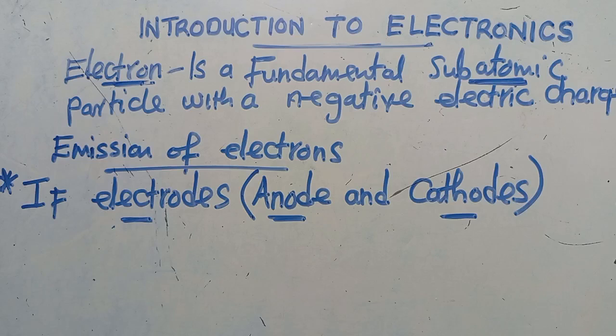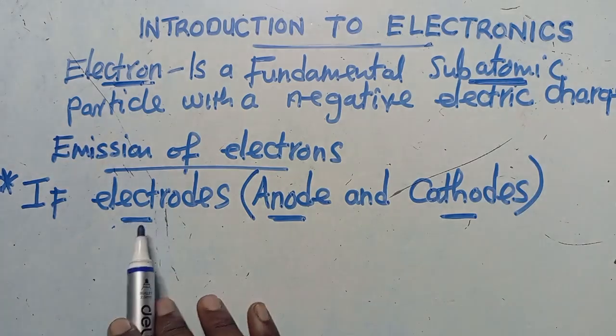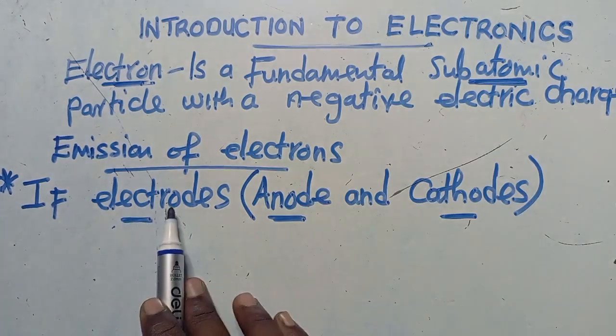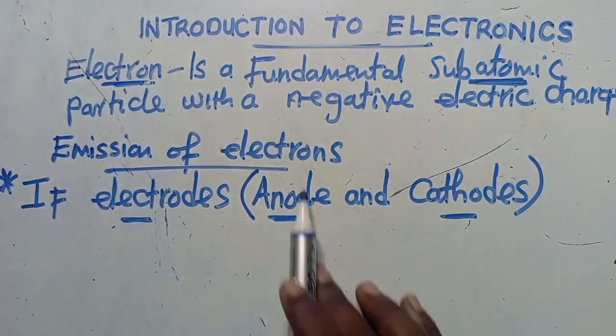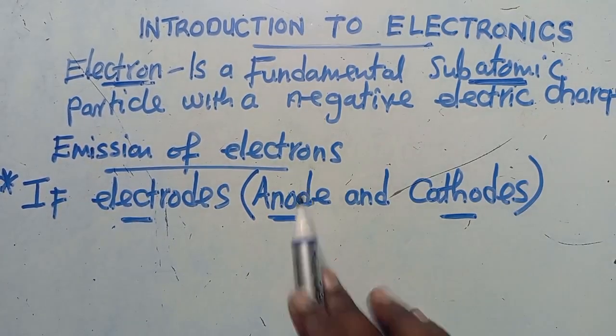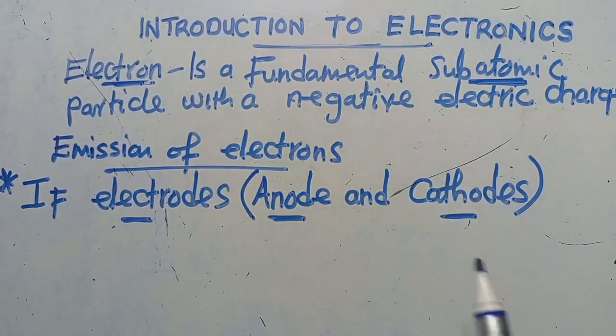Those things that facilitate the flow of electric current, those are what we call the electrodes. And the electrodes are the anodes and the cathodes. This is what you need to get.